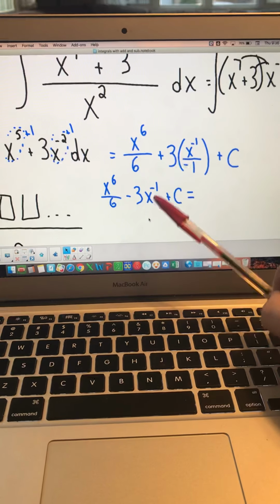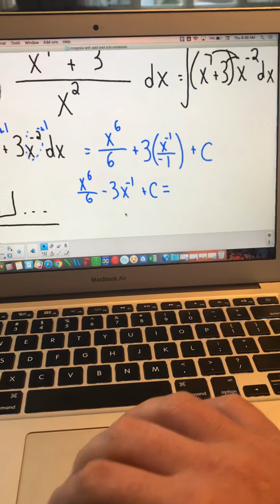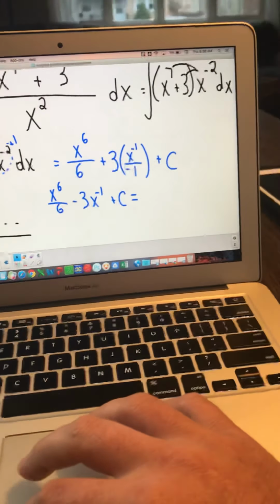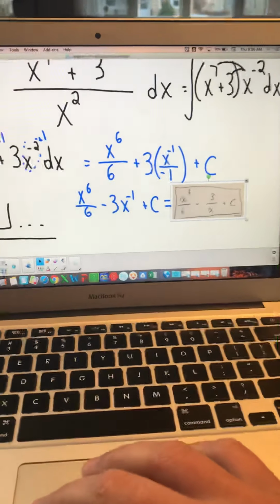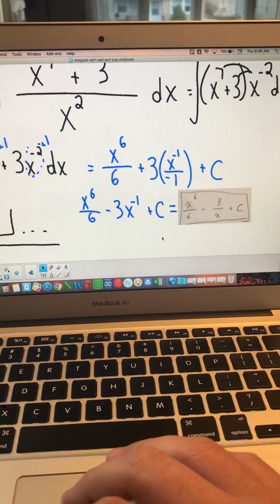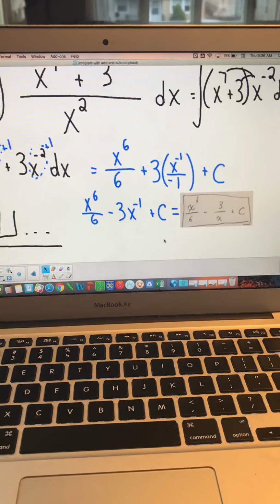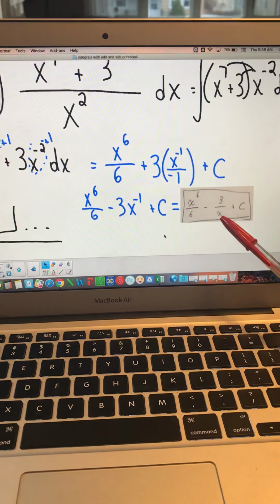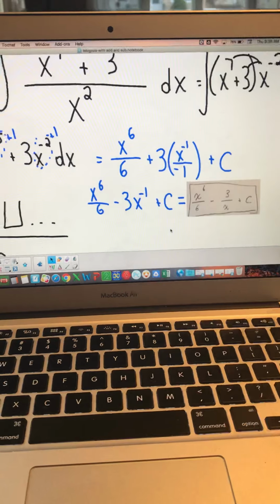And then we've got to make that a positive exponent. So how could we do it? Move it to the denominator. So our final answer should be what we got here. X to the 6th over 6 minus 3 over x plus Carlos. All right?